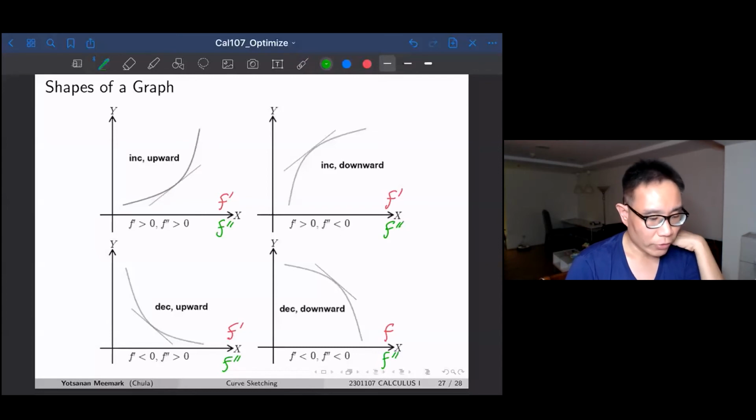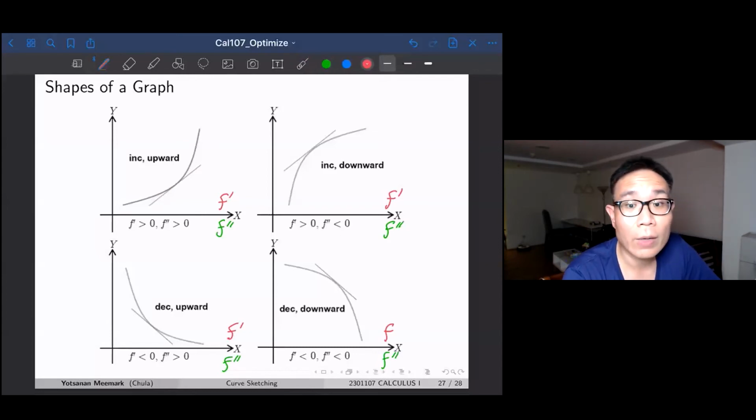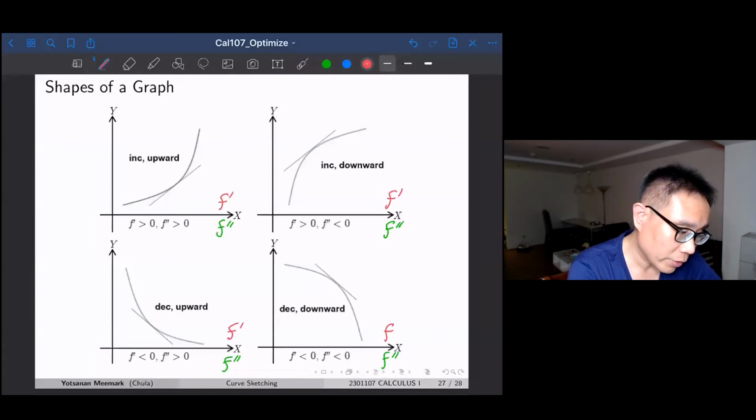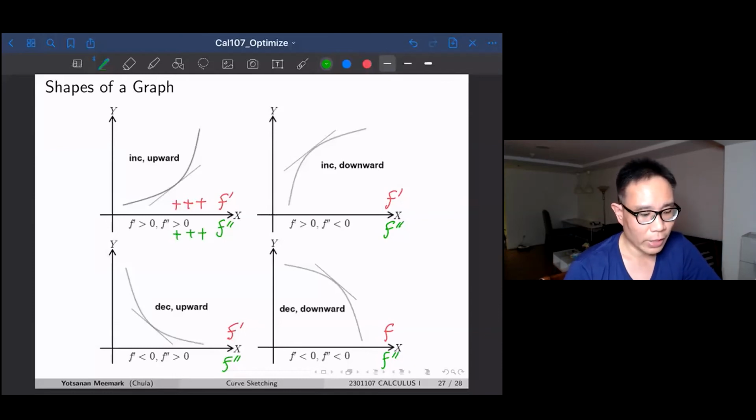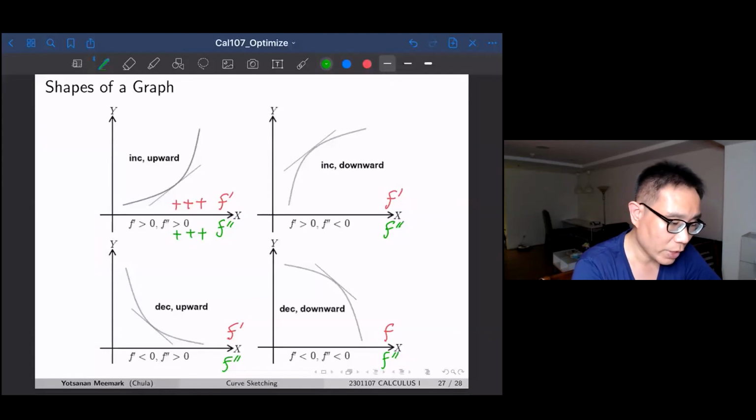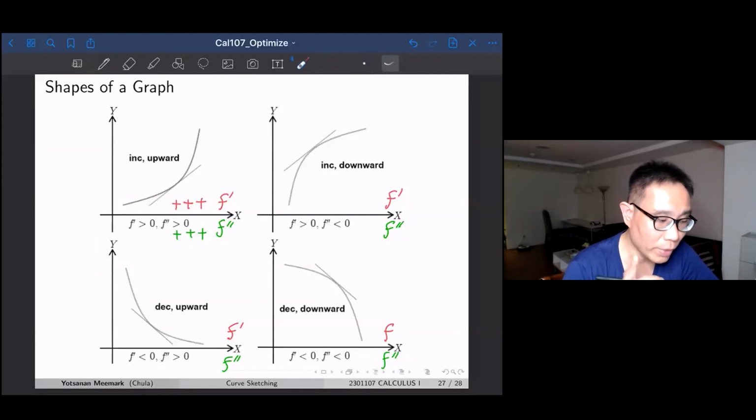In this case, because you are having increasing, the sign of f prime is positive, and because it's concave up, the sign of f double prime is positive. So if you have positive and positive in this case, it's going to be this picture. You need to memorize the shape of the graph.